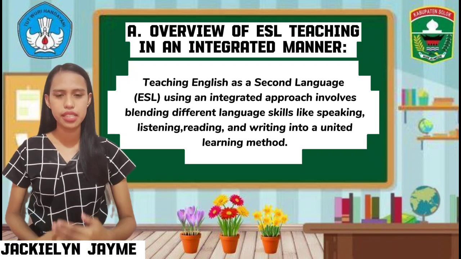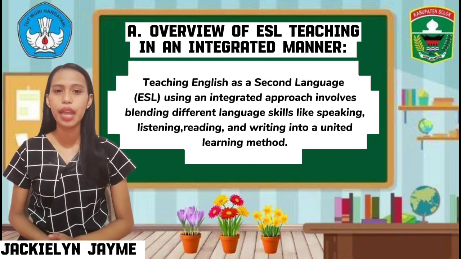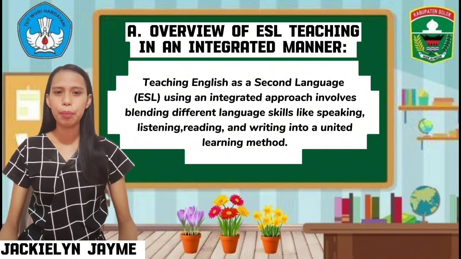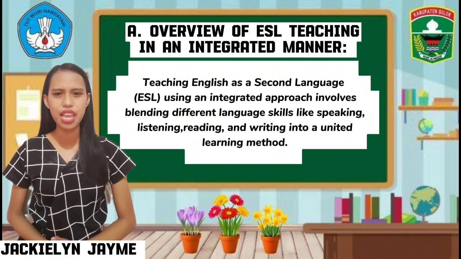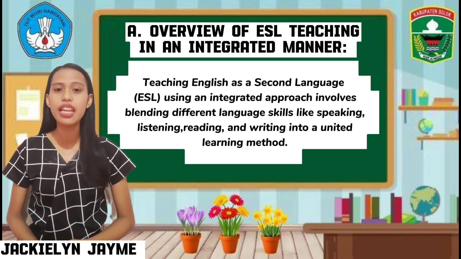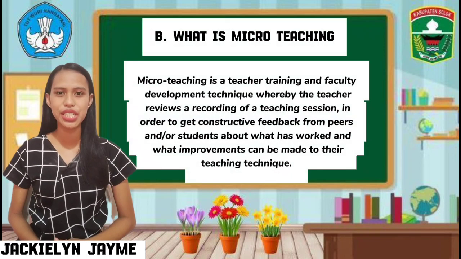By intertwining the skills, ESL teaching aims to provide a more realistic and practical way for students to learn and use English, preparing them for effective communication in everyday life by understanding how these skills work together in different situations.